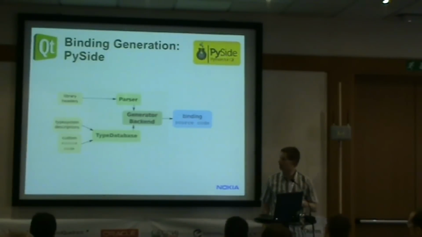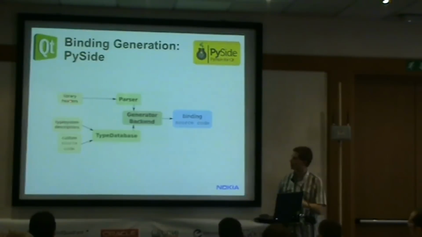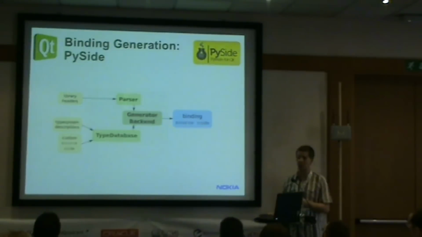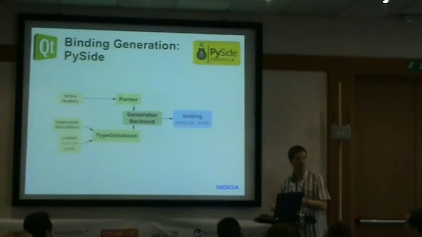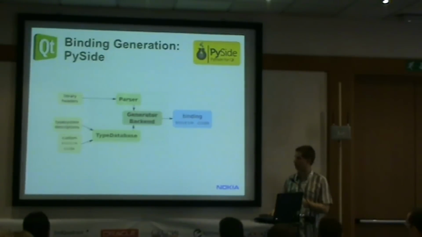We obviously also start from the Qt library headers, but then we also have a type system description, which is an XML language borrowed from the Qt Java bindings project Jambi, to describe the C++ idioms in Python or in some other language.